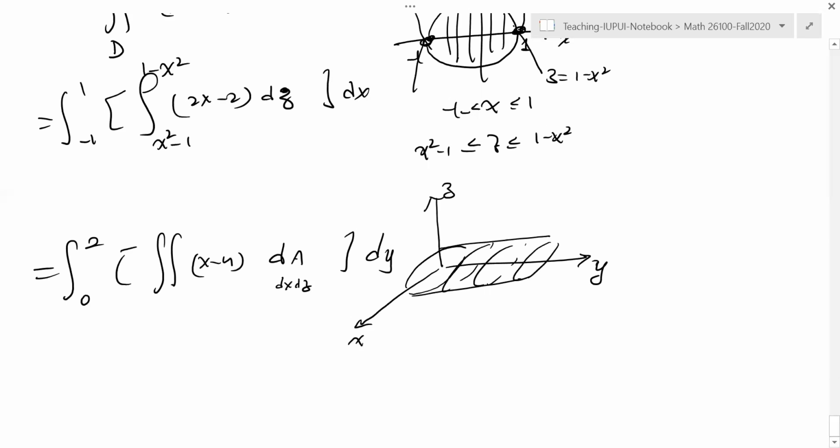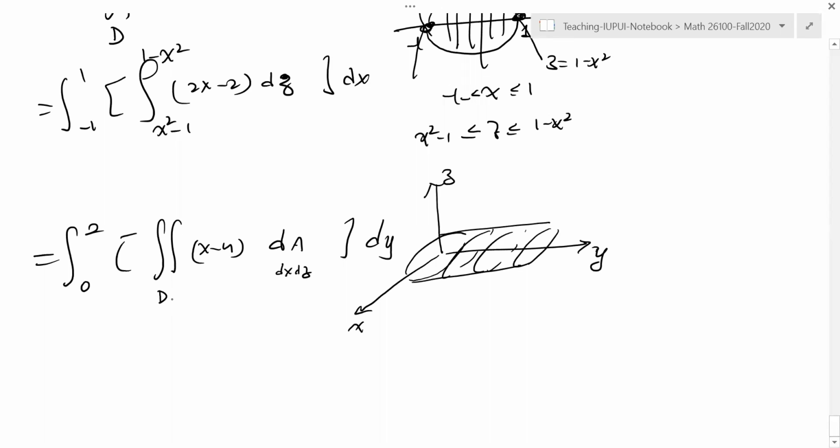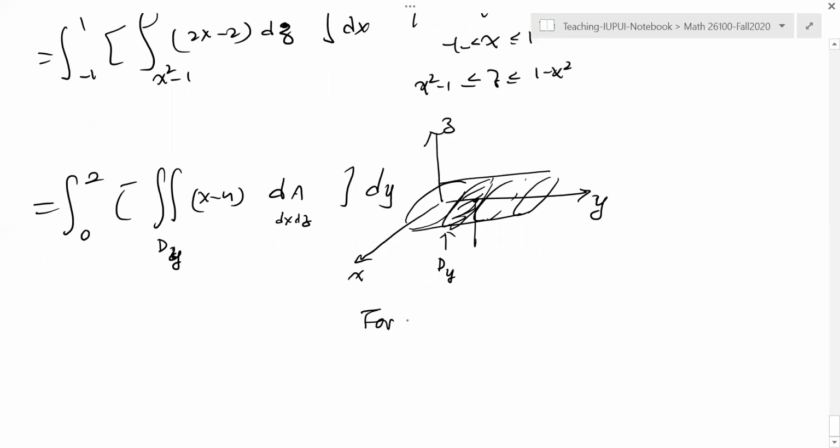So how can I determine this? This is supposed to be the domain with respect to y. Different y could depend on a different domain, but as you can see, the cross sections for a fixed y are all the same. So for each y between 0 and 2, how do we describe the domain?